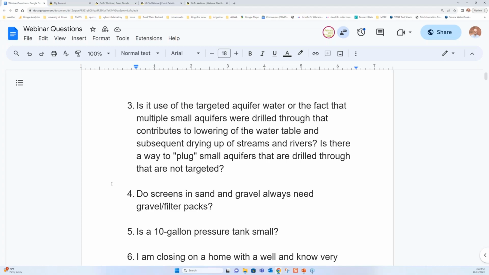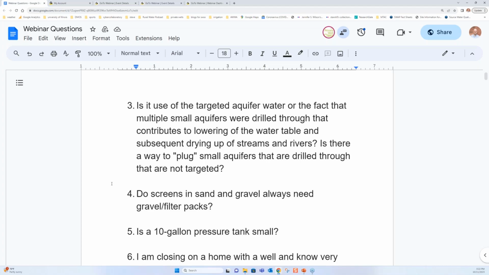So is a 10-gallon pressure tank small? Yes, in the old style, if you will, because it means your pump's going to have to kick on and keep up a lot sooner, compared to a 100-gallon tank or larger.